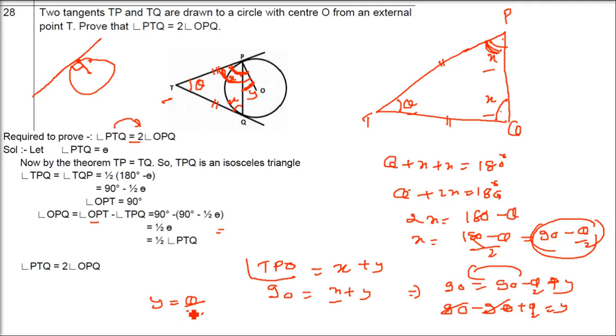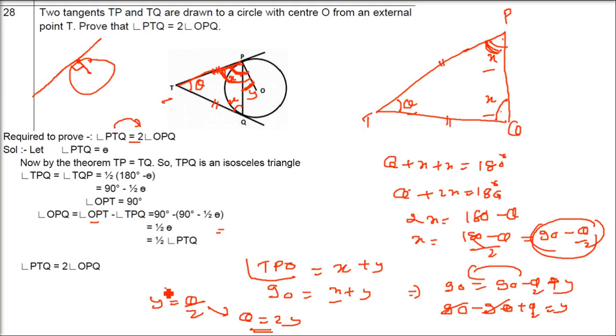So y is theta by 2, and theta is angle PTQ. So angle PTQ by 2 is y. And what is y? Y is angle OPQ. Angle PTQ was theta, so the relation is theta equals 2y.